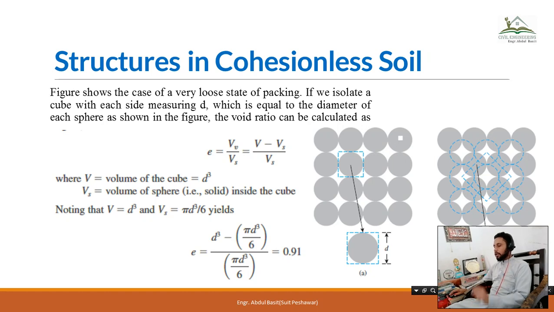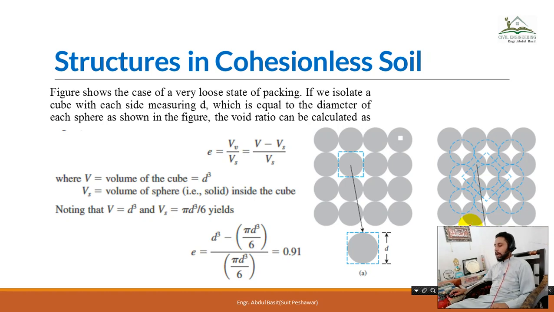You can calculate it by observing it closely, then you will find that it is 2d. Now if this one diagonal is 2d, what will be the height of this triangle, this base or this height of the triangle? That will be equal to d under the root 2. You can simply find it out by Pythagoras theorem.